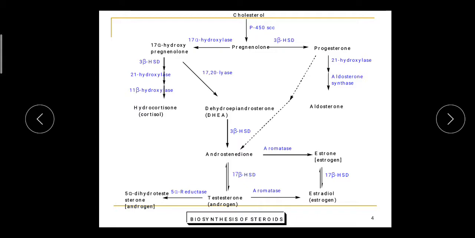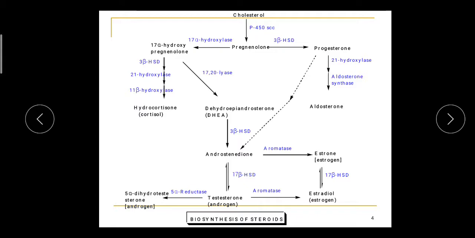From diet we get approximately 300 mg per day, and from biosynthesis approximately 1 gram of cholesterol is biosynthesized in the body from acetyl-CoA via the malonate pathway. That pathway we have covered in the lipid lowering agents.